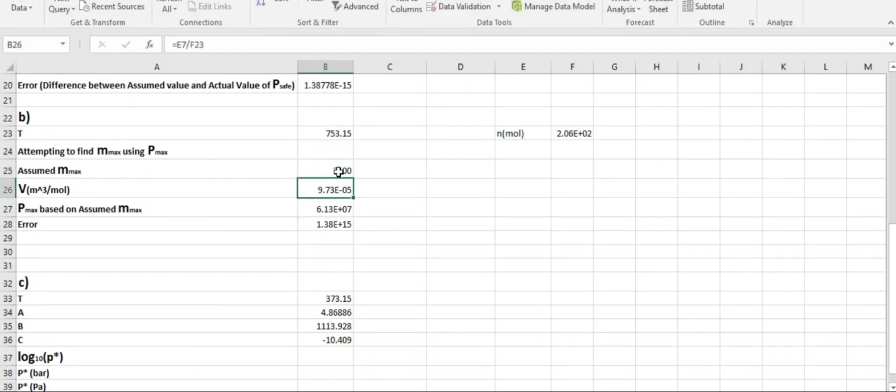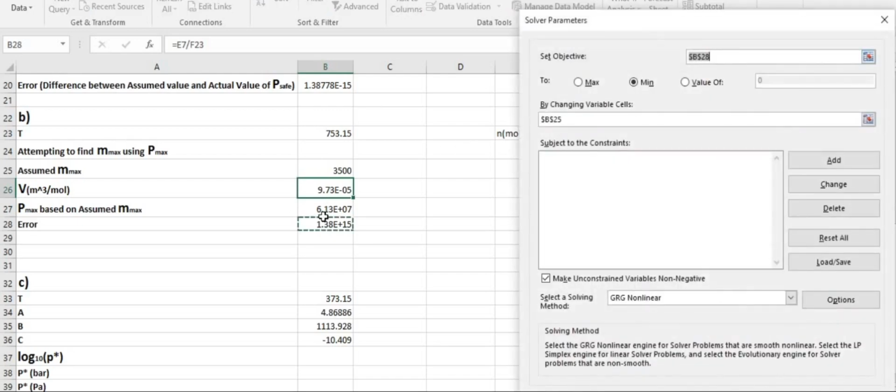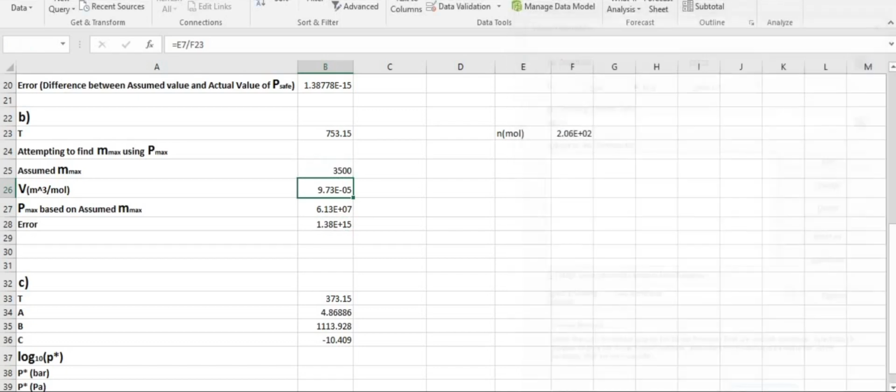Now, you can see that because n is a function of this and v is a function of n, they all change as you change your m. So you try going to solve again and put your objective cell as the error cell and your variable cell as the value of m. That's this, and you solve.